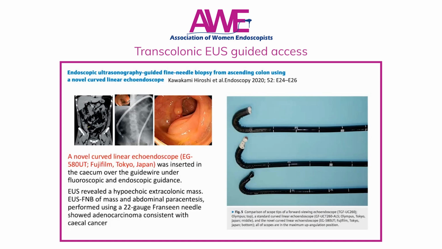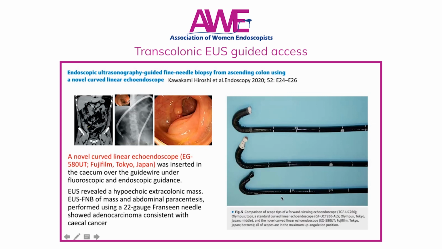They used a guide wire with fluoroscopic guidance, and they reached the cecum, and they were able to see this extracolonic lesion, and EUS FNB was performed with a 22 gauge Franseen needle, and they got good tissue to confirm adenocarcinoma.